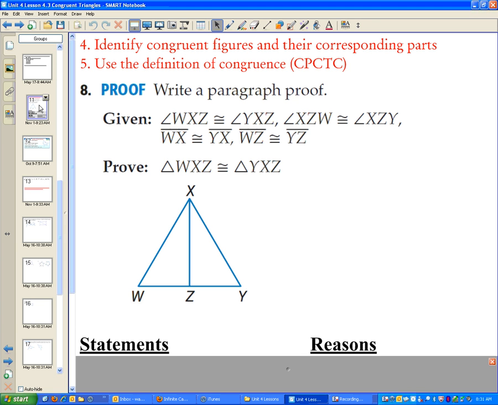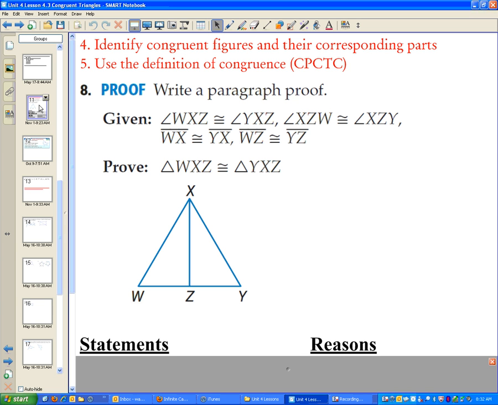We will, but not yet. We're going to start with what is called a 2-column proof. Guess how many columns a 2-column proof has? Yeah, it's 2. I know somebody said 3, but no, it's just 2. Okay? One column is statements. The other column is reasons. The statements are the facts. The reasons back them up.